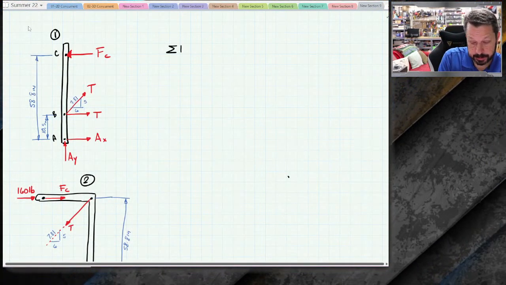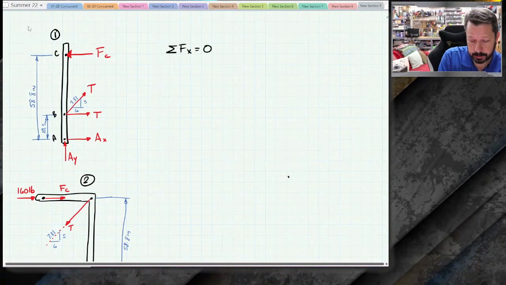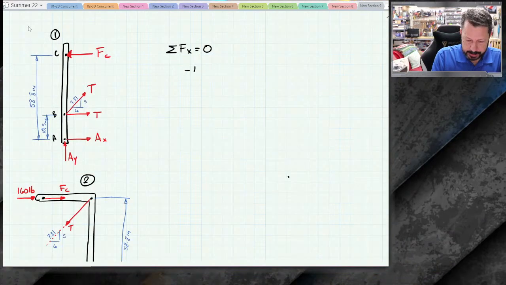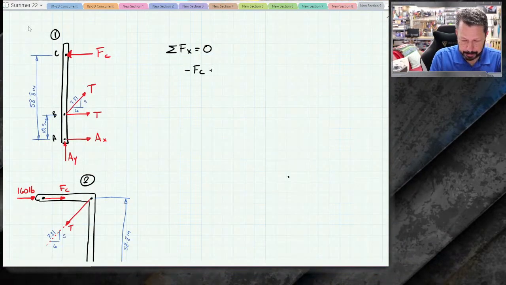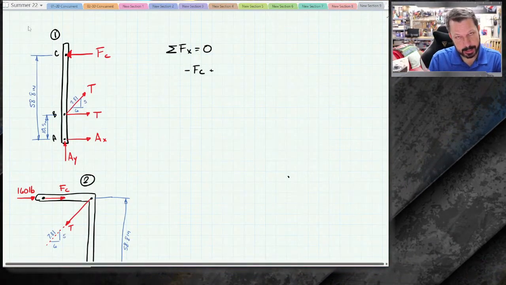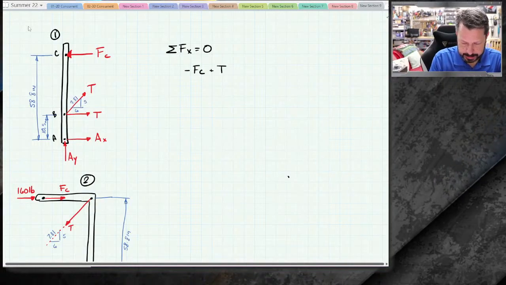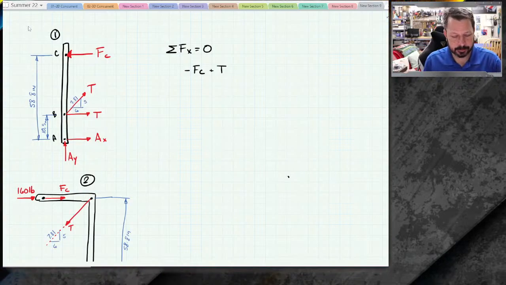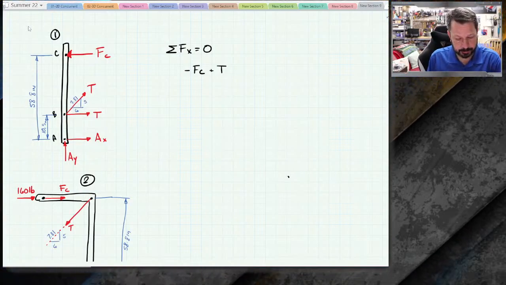So for this one, let's write summation of forces in x equals 0 for part 1 here. So I've got negative FC plus the x component of the angled tension. So that's T. I'm not going to solve the angles and do the cosine sine stuff. I'm just going to use the definition of what I need.